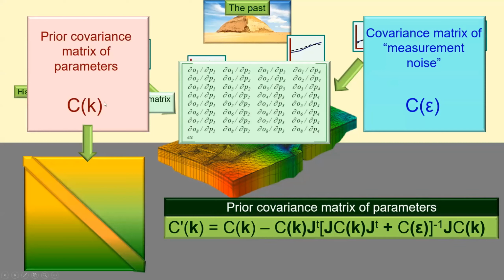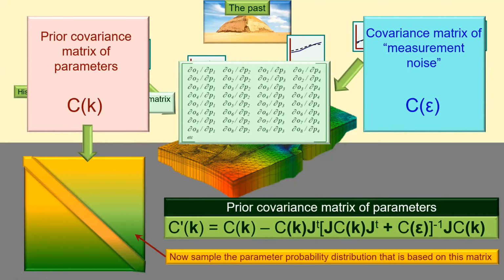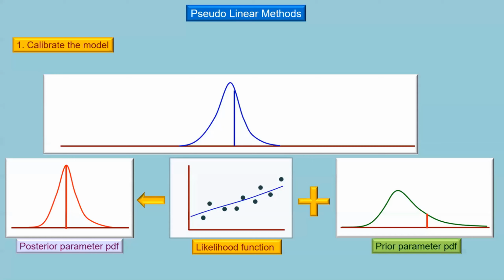And these other matrices, this one here, which is the prior covariance matrix of parameters, easily calculated, and the covariance matrix of measurement noise, these are the two terms on the right of Bayes' equation. We can calculate a linear approximation to the posterior uncertainty of our parameters, and thence, by running the model into the future, of predictions. Now, what we can do is sample this approximation to the posterior parameter probability distribution.